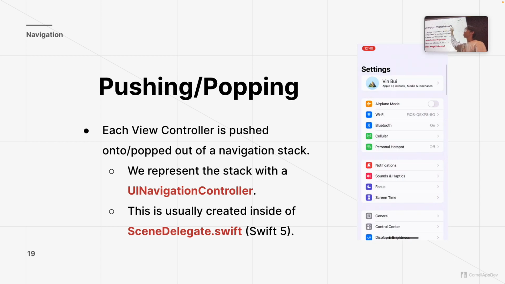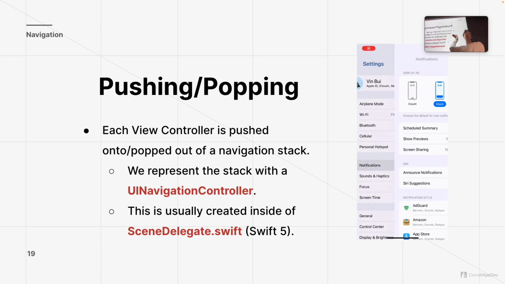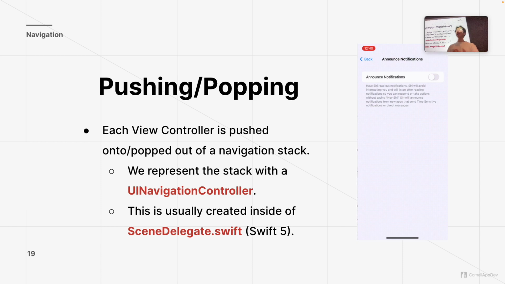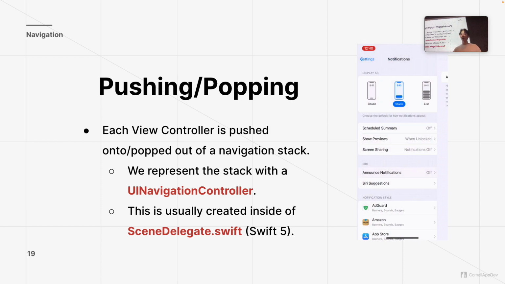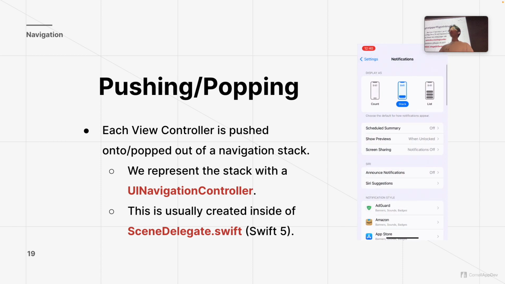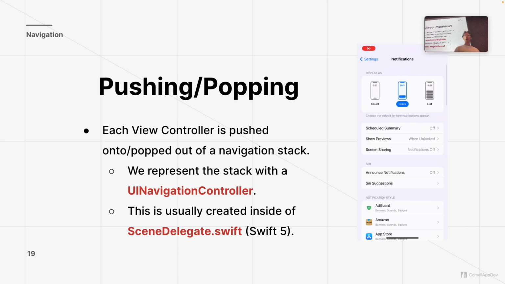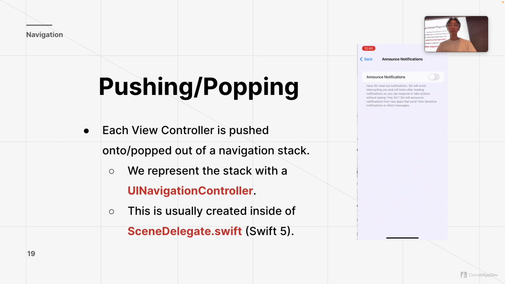Then I tapped back, and what that did was pop it from the stack. We represent this stack using a UINavigationController, which is usually created inside the scene delegate in your files. But that's only for Swift 5. If you have an older Swift version, then it won't be in your scene delegate.